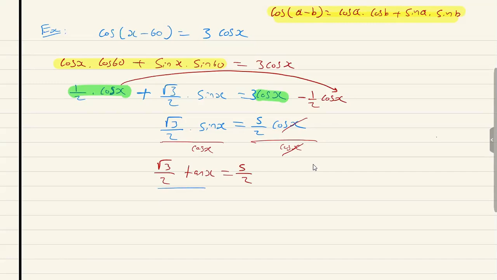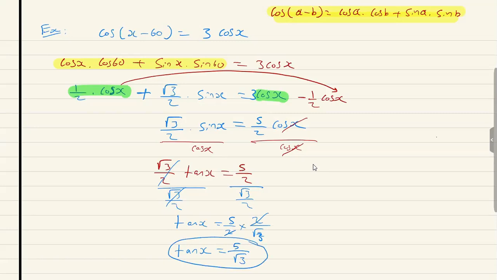Leave tangent x alone. Divide each side by root 3 over 2. Tangent x is equal to 5 over 2 times 2 over root 3. The 2s cancel. Tangent x is equal to 5 over square root 3.